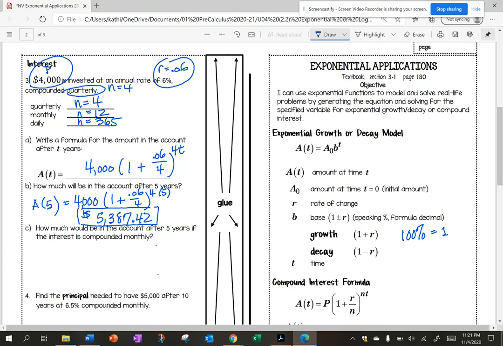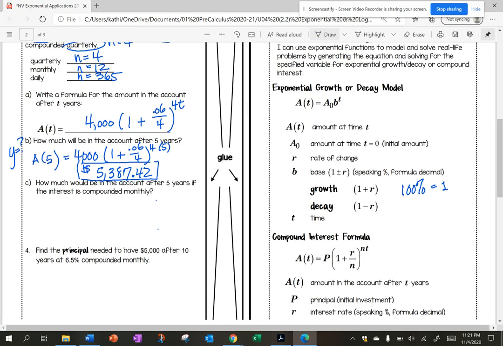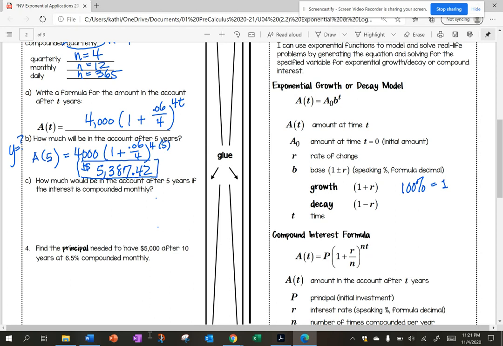So this is my y equals question. How much would be in the account after 5 years if the interest is compounded monthly? So this one I'm changing the compounding rate. Compounding monthly means n equals 12.